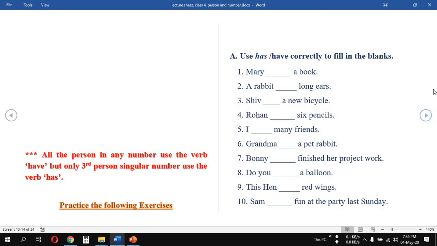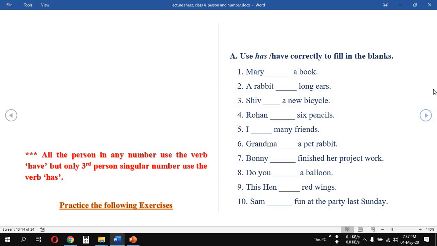Okay, Mary, we can say that Mary is a singular number, right? And Mary, as it is she, so it is what? Third person, right? So what we have to use, we know that third person singular number use the verb has. So Mary has a book.